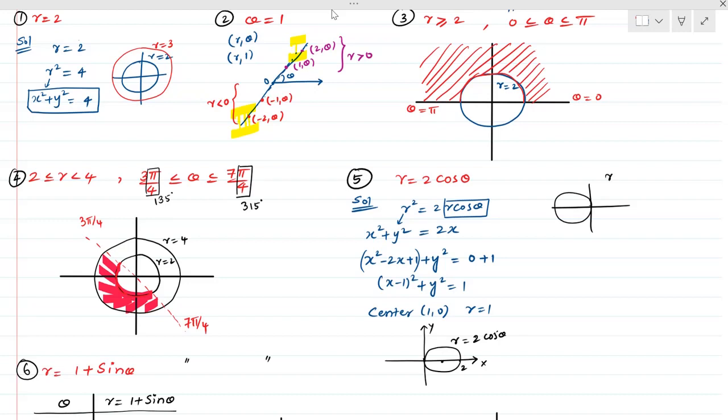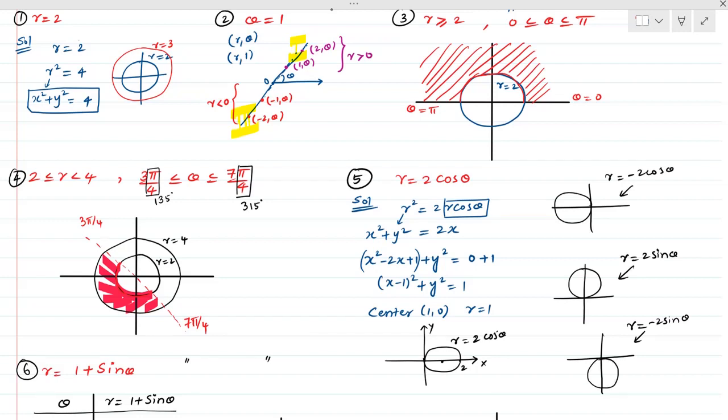If you get r equal to 2 sine theta, the circle is on the y-axis, the positive part of the y-axis. Now similarly, one more we have. What is that? If you have r equal to minus 2 sine theta, the circle will be on the negative part of the y-axis.